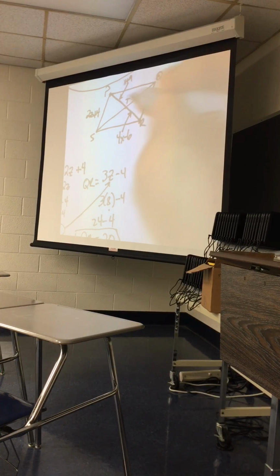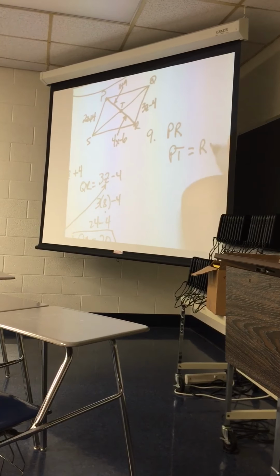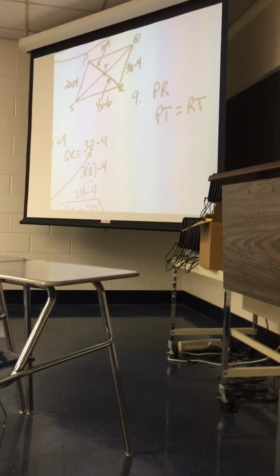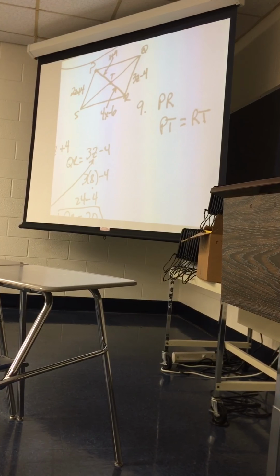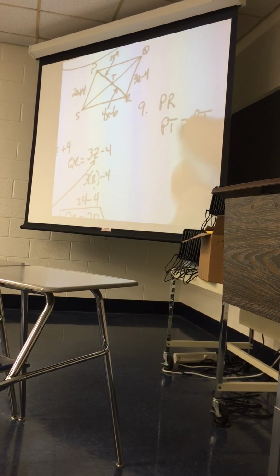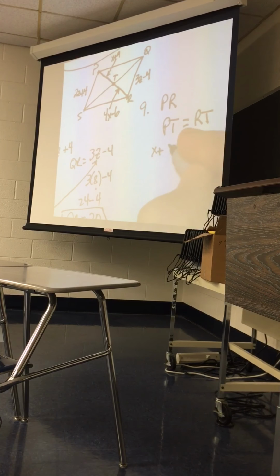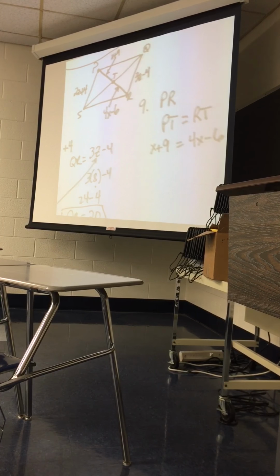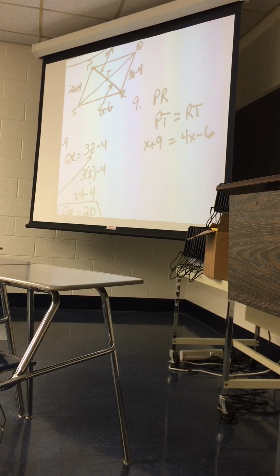So that means that PT is equal to RT because of the quality that the diagonals bisect each other. Good? So I'm going to set those expressions equal to each other. x plus 9 is PT, and 4x minus 6 is RT. Just a quick substitution there.